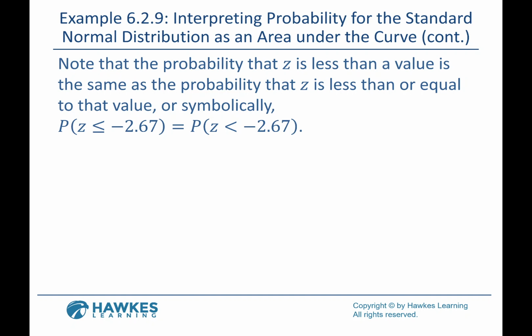The part to get happy about is that we don't care if we have an equal to bar on here or not. We don't even have to think about it, because the two numbers are going to be the same. Now dealing with continuous data, that equal to bar is meaningless for us. You can write it or don't write it, it doesn't matter.